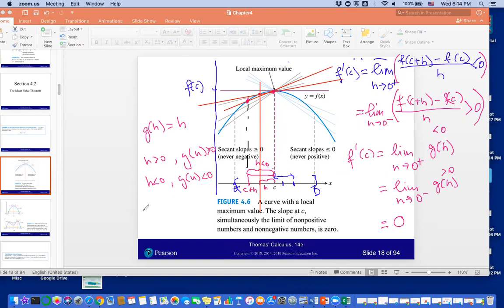But as h goes to 0, the limit of g of h is simply equal to 0. So you're thinking h is 0.1, 0.01, 0.001, etc. All positive numbers, but they're tending to 0. And if I go from the negative side, they're also tending to 0, and they meet in the middle. They meet at 0. Is that clear?